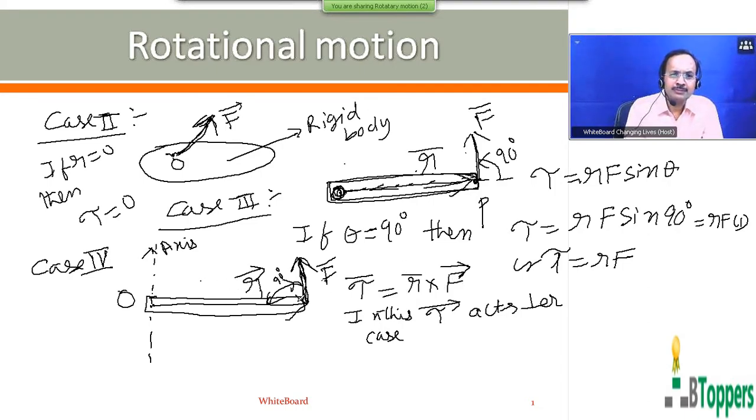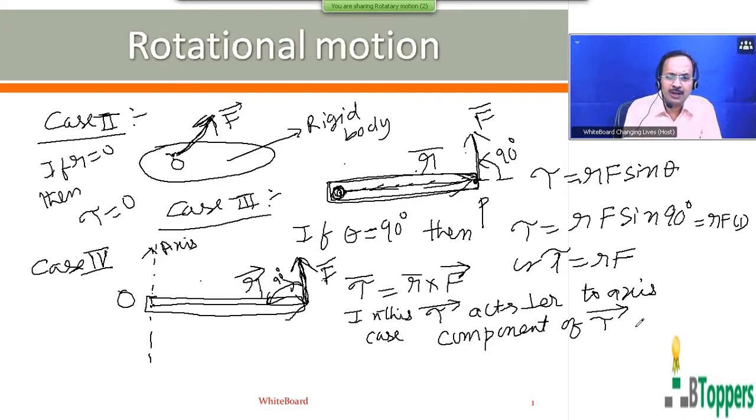That means if the axis is in the plane containing R bar and F bar, then the torque acts perpendicular to the axis for this special case. The torque acts perpendicular to the axis passing through the point O. Then you can say that the component of the torque tau bar acting on the body along the axis is 0.